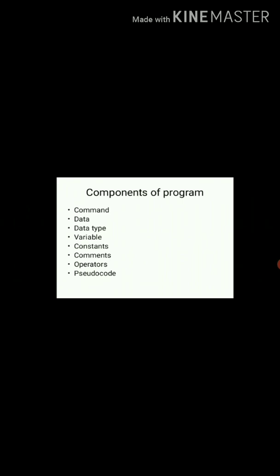Float means any decimal number, 15.2, 16.2. Character means alphabet or symbol, A to Z. And string means collection of alphabets or characters like word, your name, your father name, GCGHS, etc.